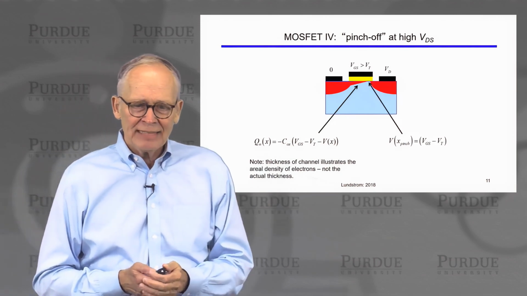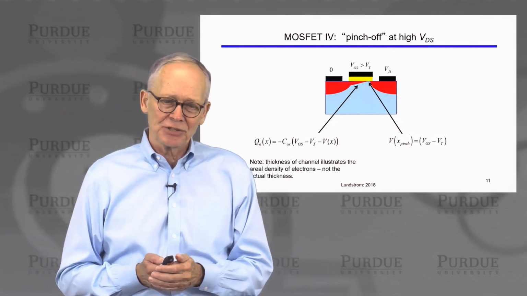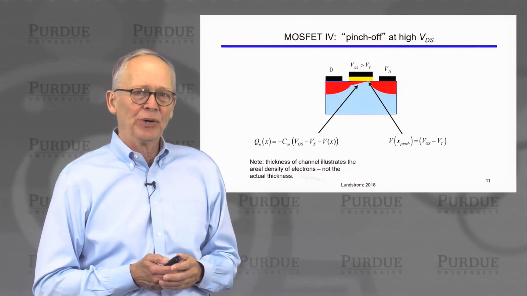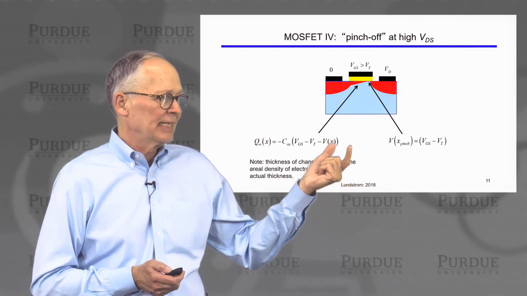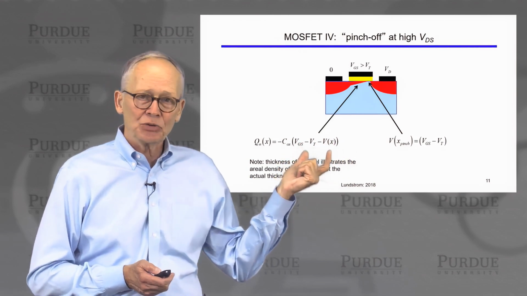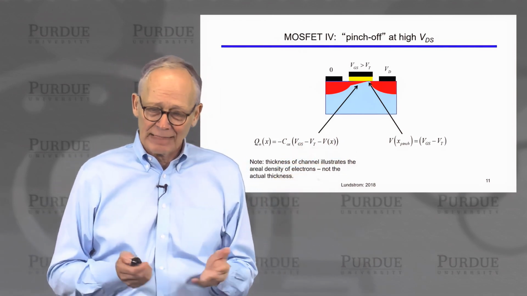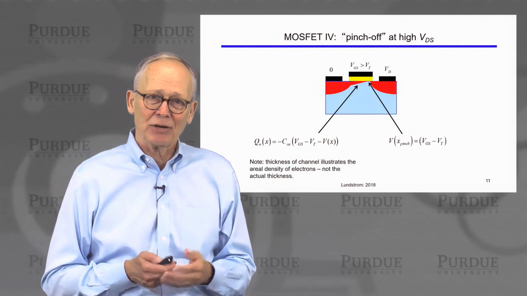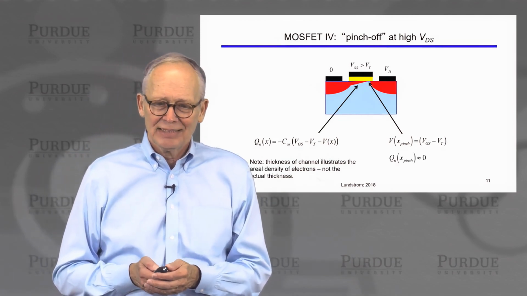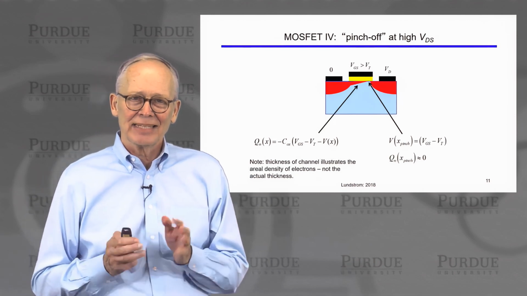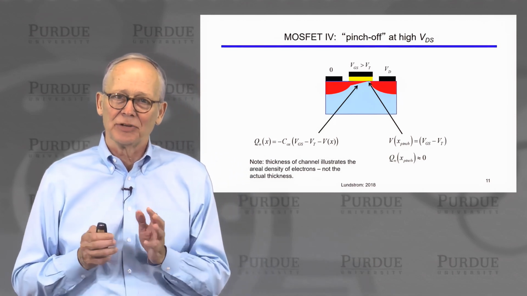Okay. Now, if we go into the saturation region, we can actually get to a point where the voltage reaches VGS minus VT. If it reaches that point, I have no charge in the channel. Well, that's interesting. You might ask, how can current flow if you have no charge in the channel? Well, it's not exactly 0. It's close to 0. It's very small.